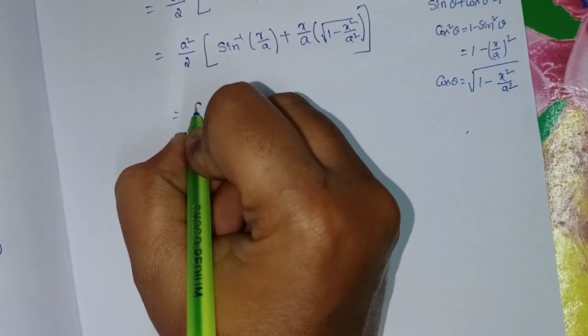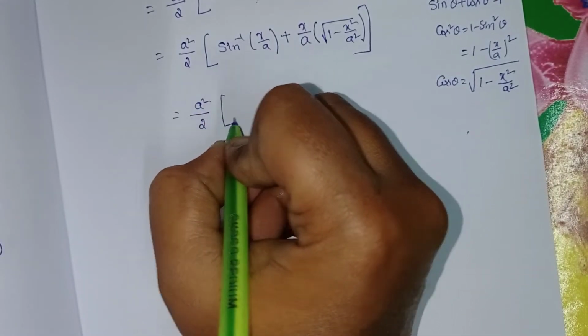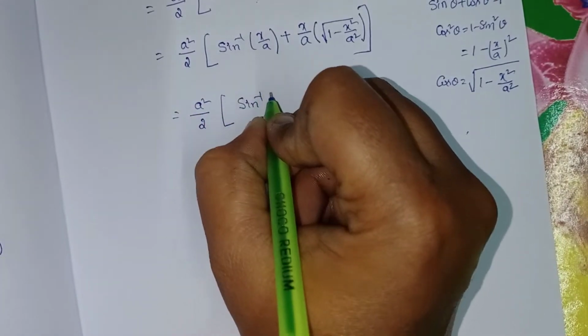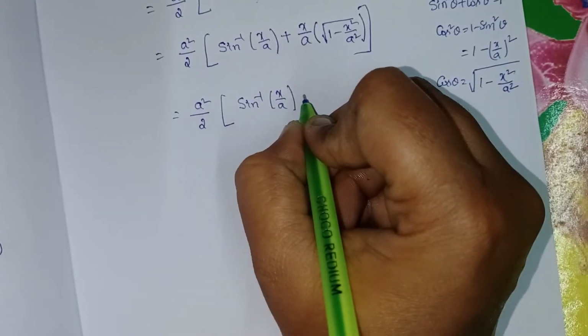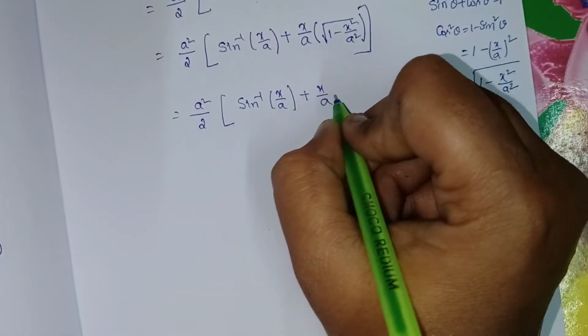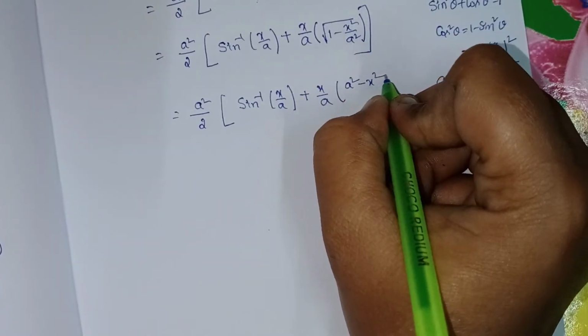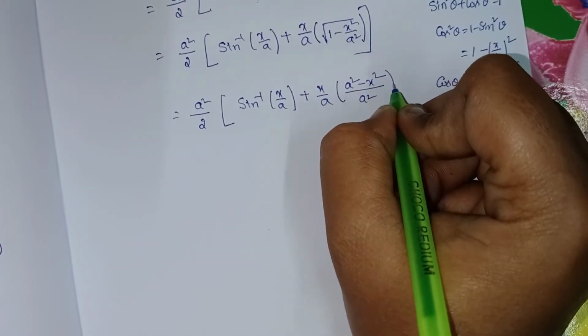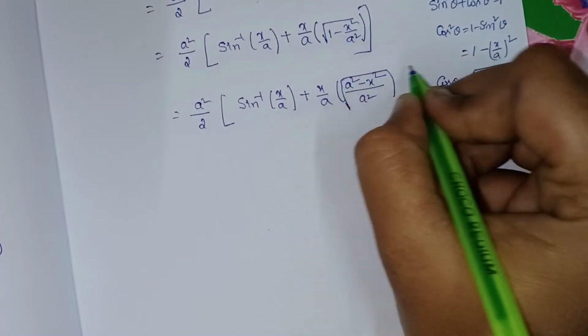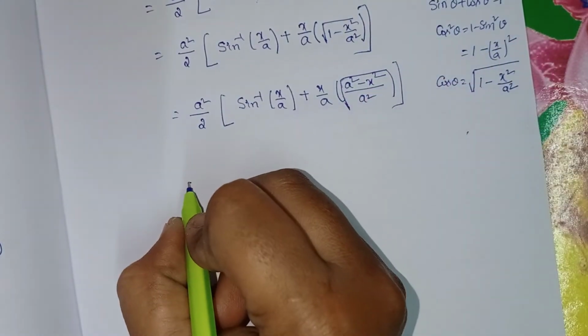A square by 2 into sin inverse of x by a plus x by a into, cross multiplication, square root of a square minus x square by a square. Bracket close.